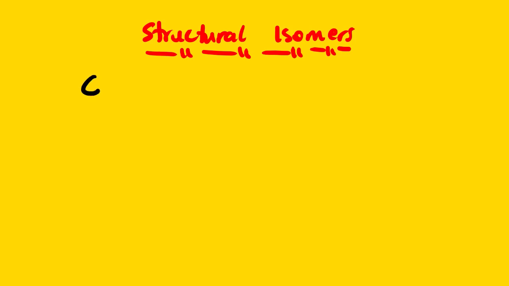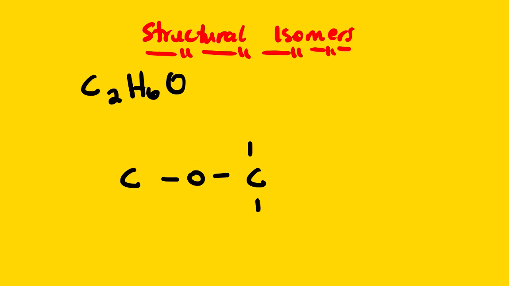So for example, let us look at C2H6O. We do have two carbons, 6 hydrogen atoms, and 1 oxygen atom. We can draw this in this manner. Hydrogen atoms, and then we can put our lone pairs here. It's fine.